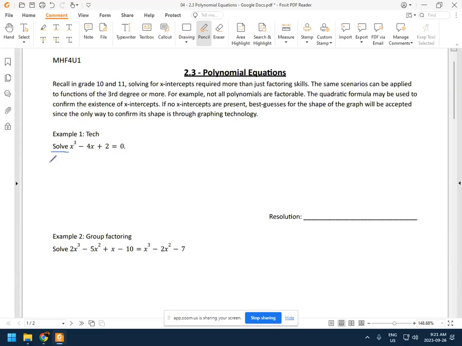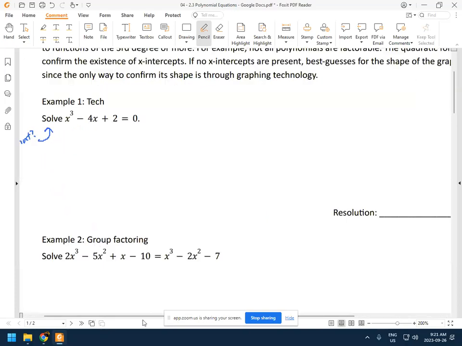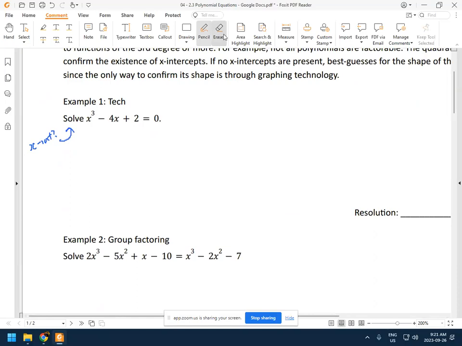Okay. Almost all the time, you would imagine solve for the x-intercept, right? Normally, that would be the case. But that's not exclusive to the word solve. Solve means something even more, and usually it means solve for the x-intercepts.